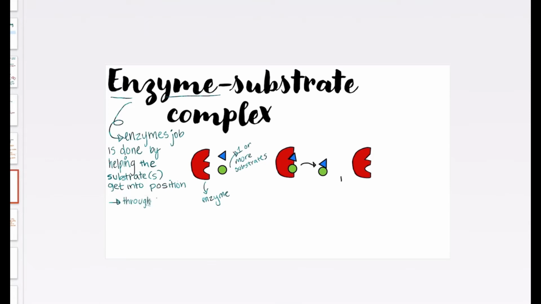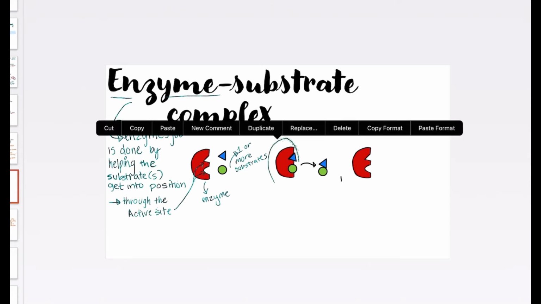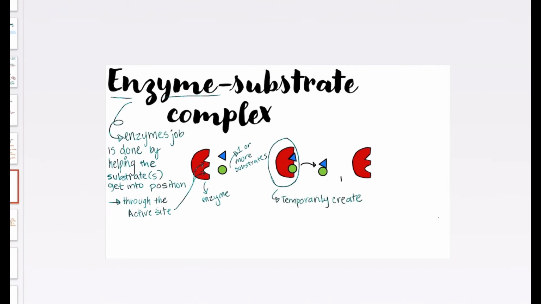So if you look on this picture, this could be one or more substrates. Now, using the active site, your enzyme is going to hold the substrates in place, and temporarily, this right here is what would be your enzyme substrate complex.